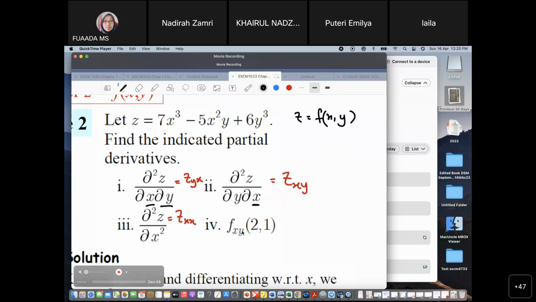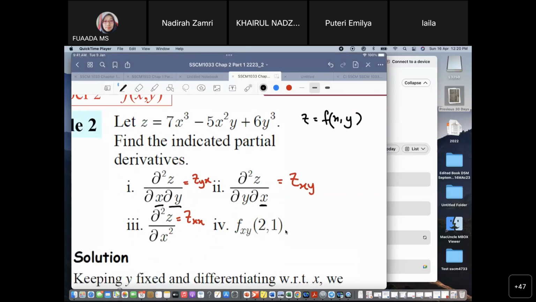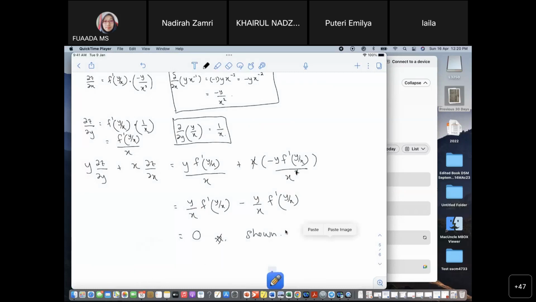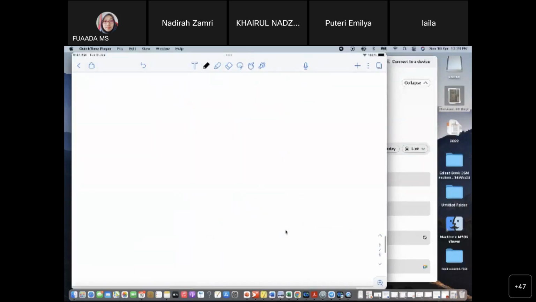And the fourth, you have to evaluate fxy at the point 2, 1. I don't want to show the result obtained in the slide, so we do it together.